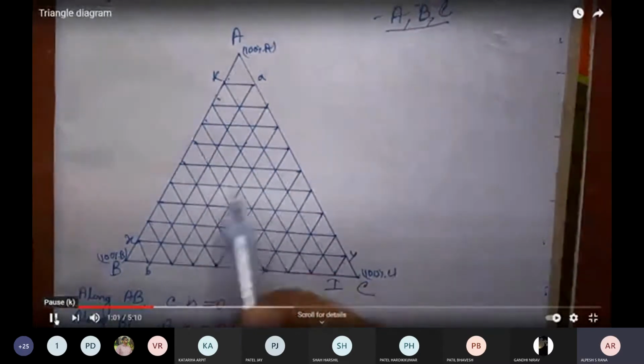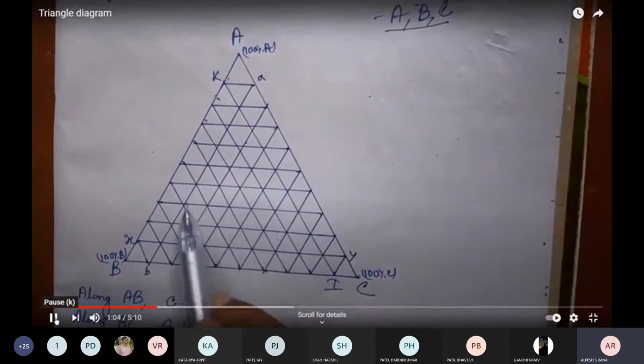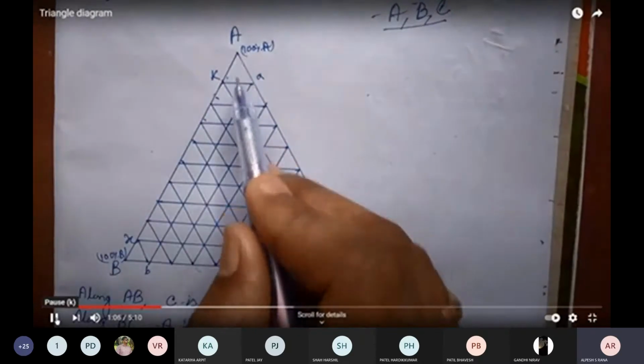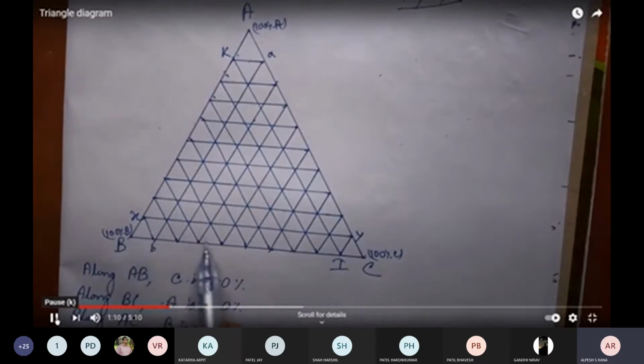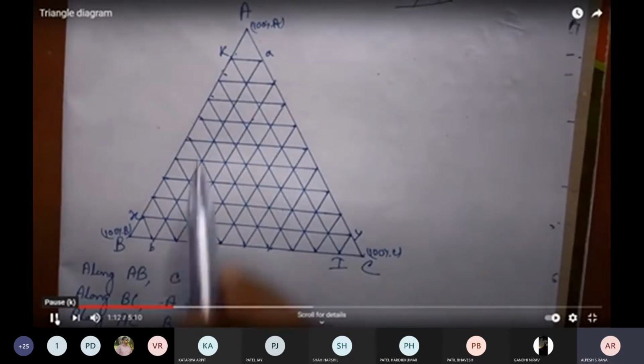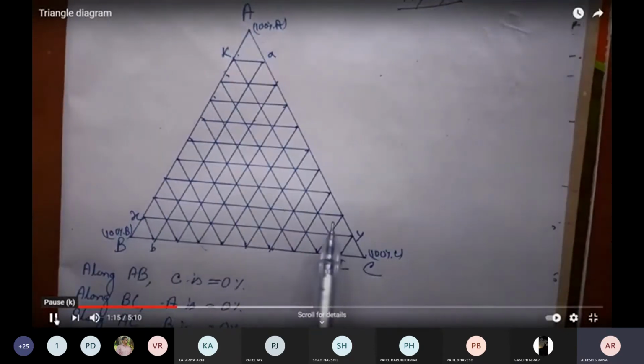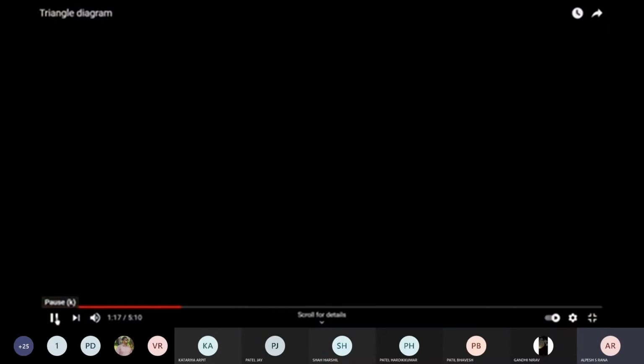So along these parallel lines the concentration of A is decreasing, and along the line BC the concentration of A is 0%.